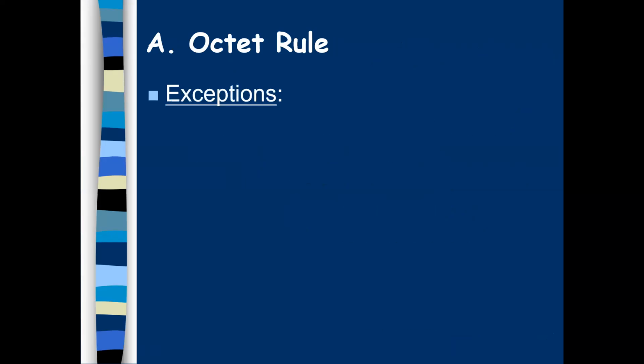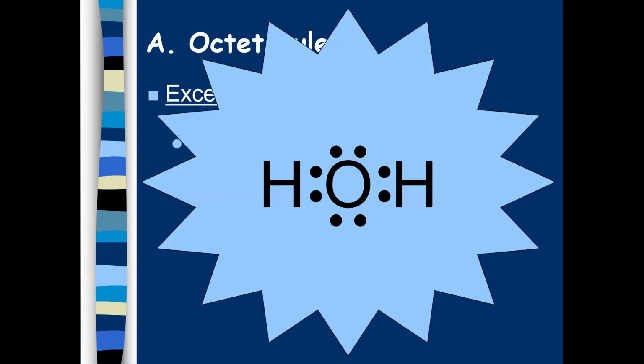Okay? But there are exceptions. Hydrogen, for example, doesn't need but 2. Let me get my little pen so I can annotate here. If you look here, hydrogen itself only has 2, right?